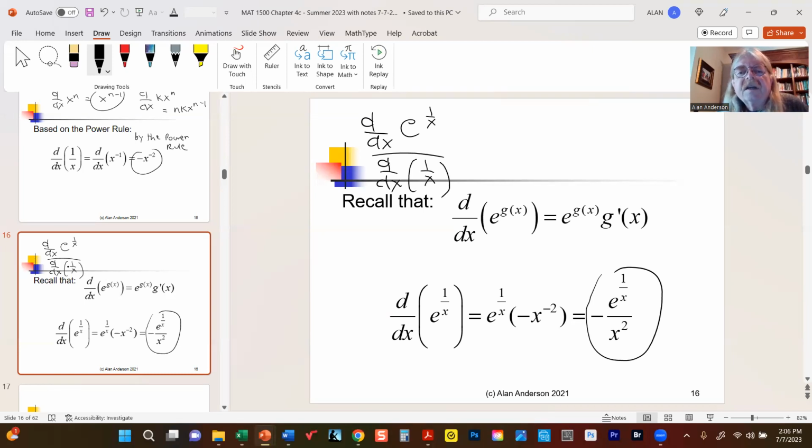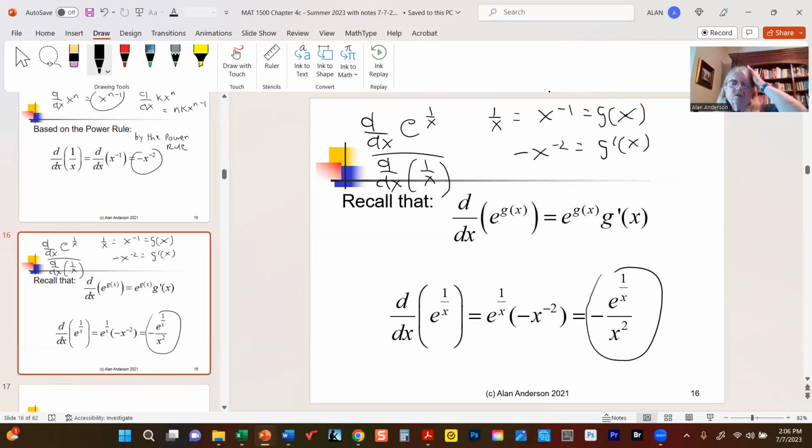So 1 over x could be considered to be a function of x. And just for convenience, let's rewrite it as x to the -1 power of g of x. And then that implies from the power rule, g prime of x is this.